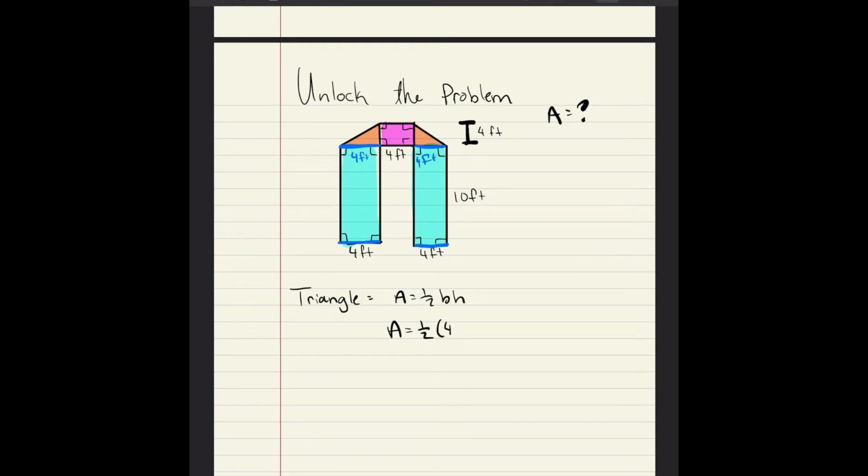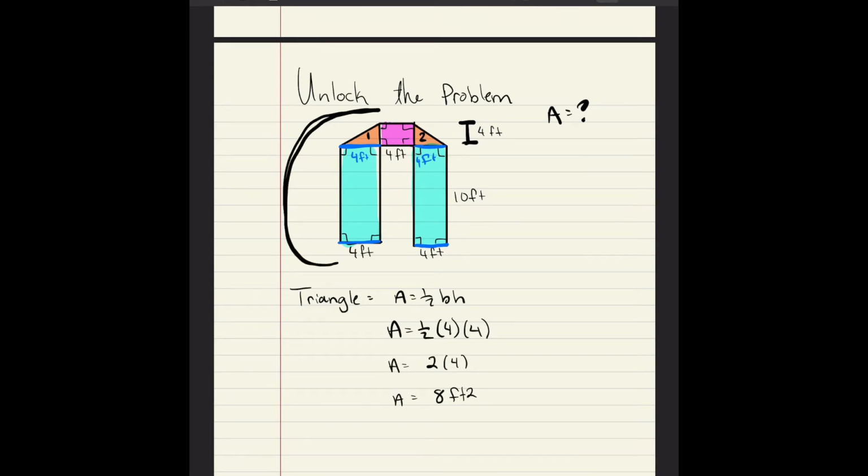So the area for the triangle is a half, base, which is 4, height, which is also 4. Now I'm going to solve as normal. So the area for one of the triangles is 8 feet squared. But I have 2 triangles.